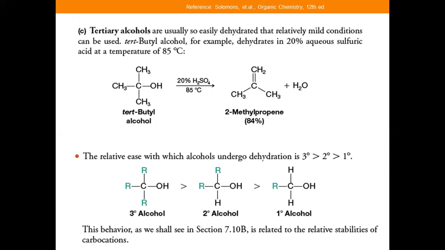So here you get a double bond. There are beta protons on the carbons next to your leaving group. You can abstract the proton here and here also, but since they are the same, it doesn't matter. You get only one product.